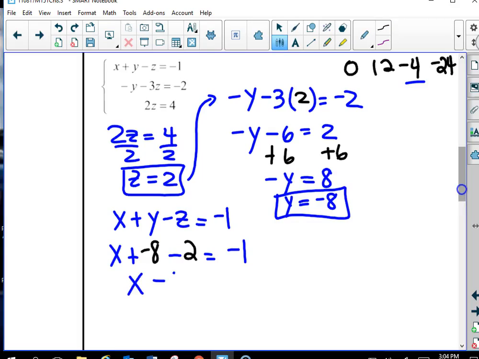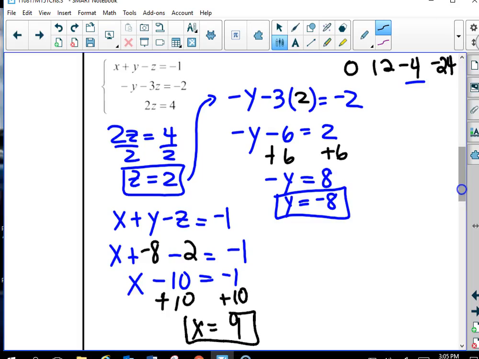Looks like we get x minus 10 equals -1. And we're done. So Gaussian elimination is interesting, and it kind of gets rid of the variables, but it also shouldn't be used just because we're asked to.